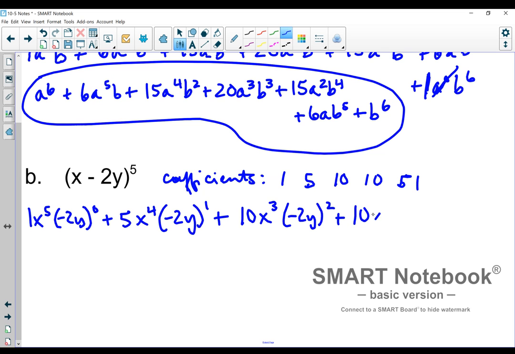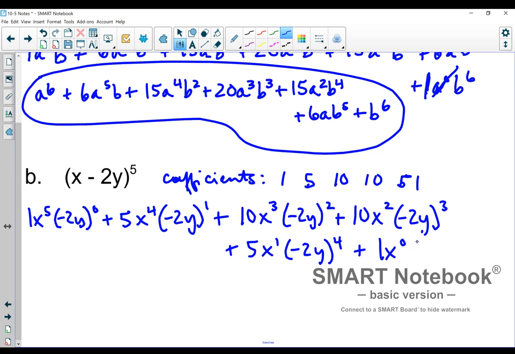And then we have a 10x squared times negative 2y cubed. And then I'm going to have to go down here because I'm out of space. And now 5x to the 1st, negative 2y to the 4th. And then my last one is going to be 1x to the 0 times negative 2y to the 5th.